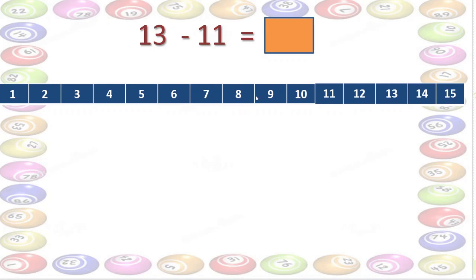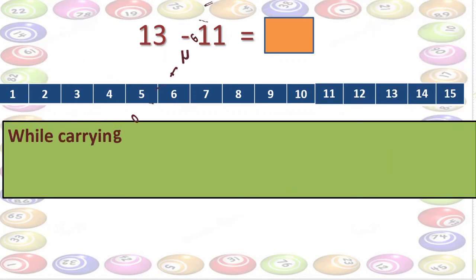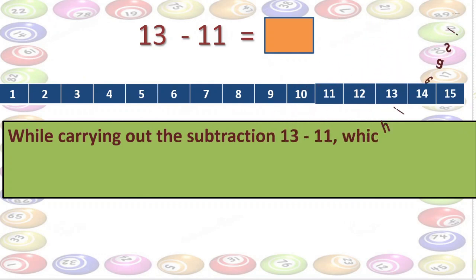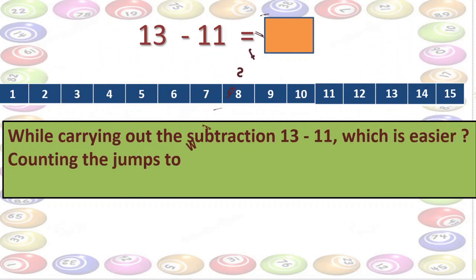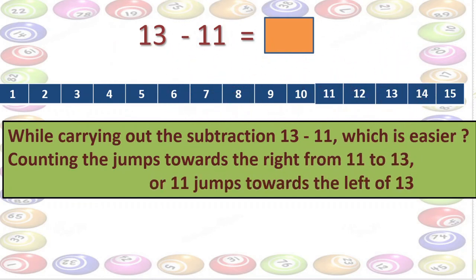Now dear children, which method is easier here? Counting backward or counting forward? You have to decide. While carrying out the subtraction 13 minus 11, which is easier? Counting the jumps towards the right from 11 to 13 or 11 jumps towards the left from 13. Yes, left means counting backward, right means counting forward. Which one you think is easier? Yes, see, counting forward, how many numbers?